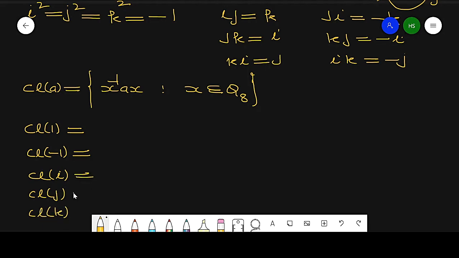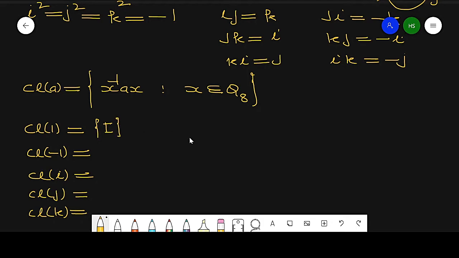First, the class of 1. Since 1 commutes with everything, the class of 1 consists of only one element.